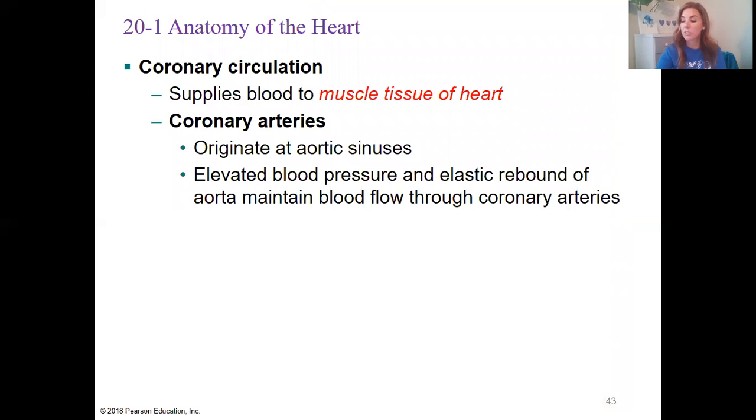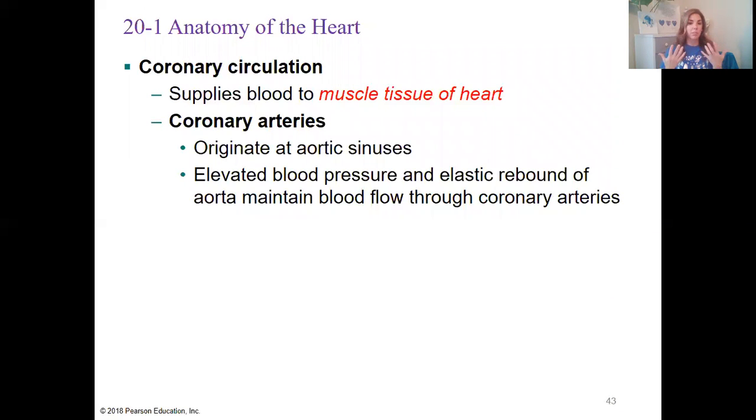Lots of different pictures. Here's where I want to go. Let's talk about the coronary circulation because I told you to put a pin in it as we were here in the ascending aorta with our little dot and our squiggly line, the RCA and the LCA. This is incredibly important because this is what supplies blood to the actual muscle tissue of the heart itself.